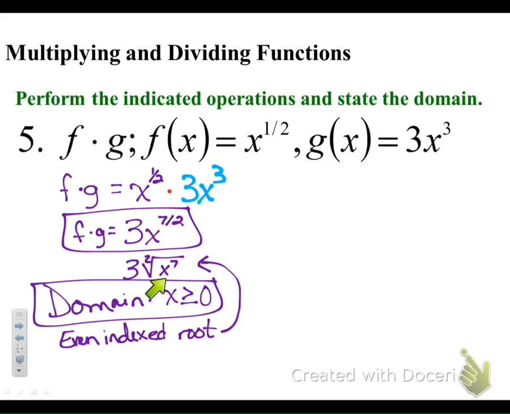So let's say it said x plus 2 as the radicand. If x plus 2 was the radicand, I would have to say x plus 2 needs to be bigger than or equal to 0. If it said 2x plus 5 in that radicand, then I would need 2x plus 5 bigger than or equal to 0. Whatever that radicand is.